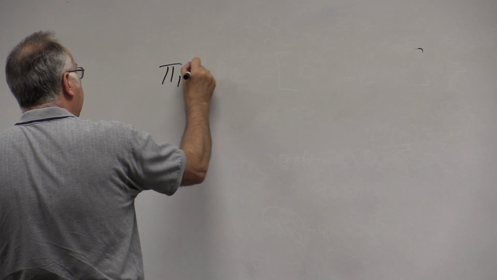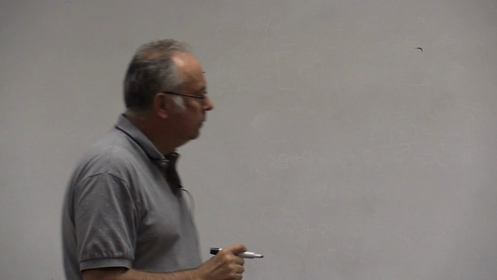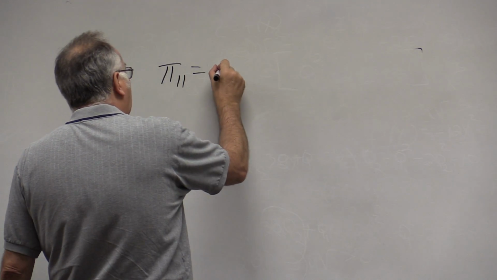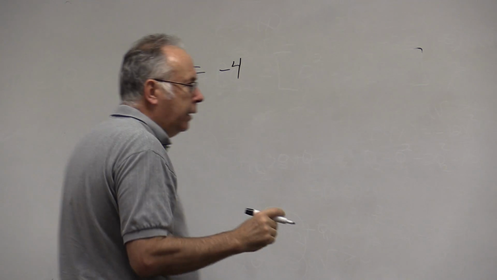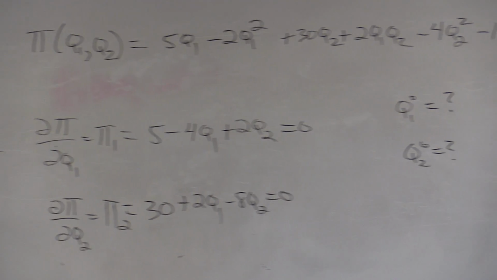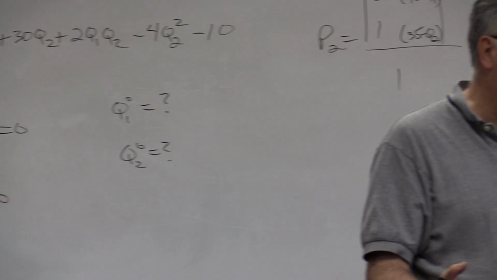And let's go ahead and work that out. Jacob, what is pi 1, 1? -4. Right. And look, something very important here. It's always -4. It's a constant function. Now, if this had involved q1 and q2, we would have had to plug in the critical values of q1 and q2 and evaluate the second derivative there.